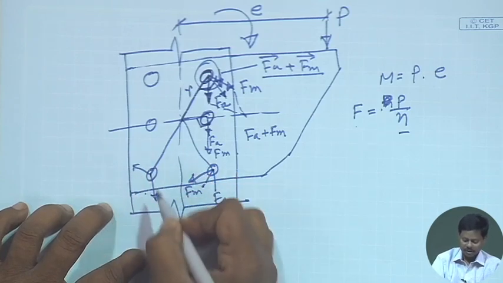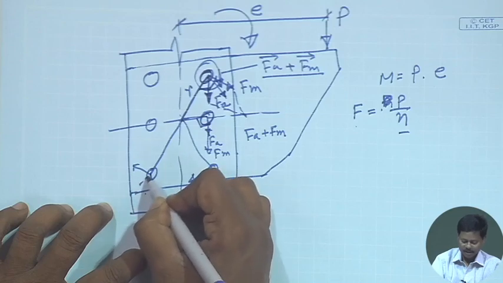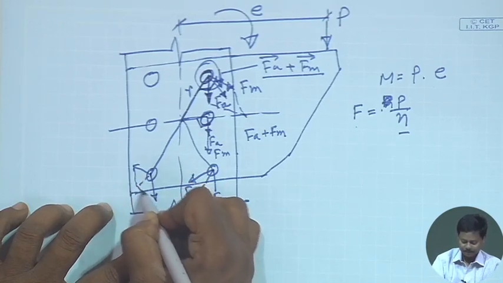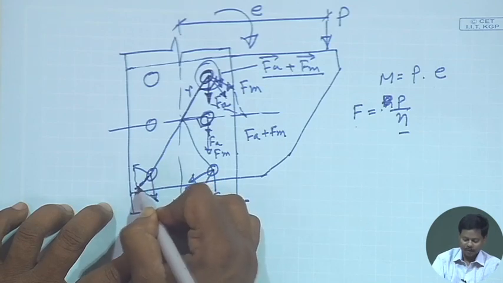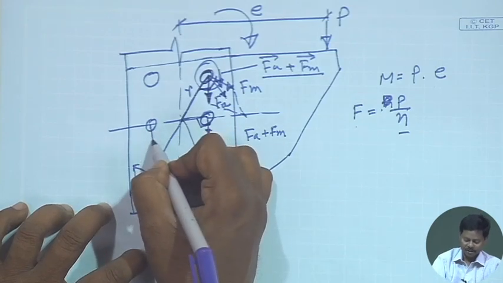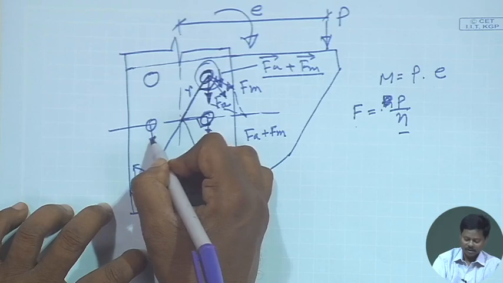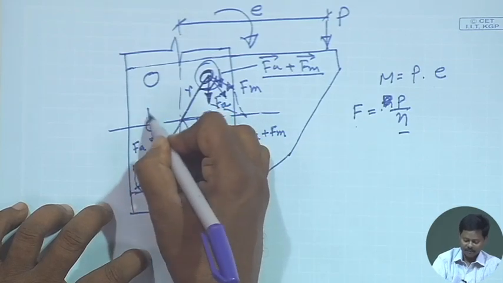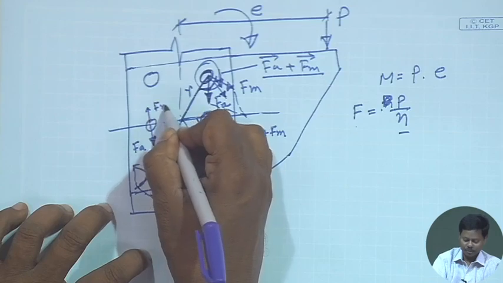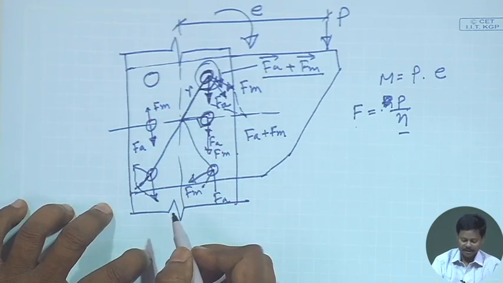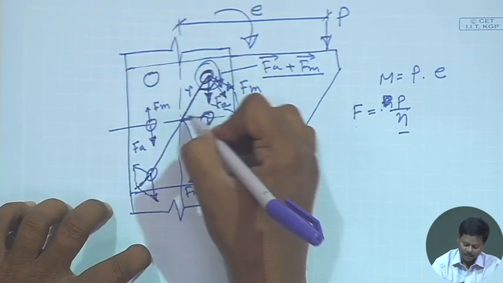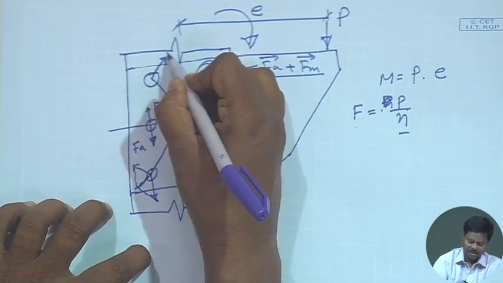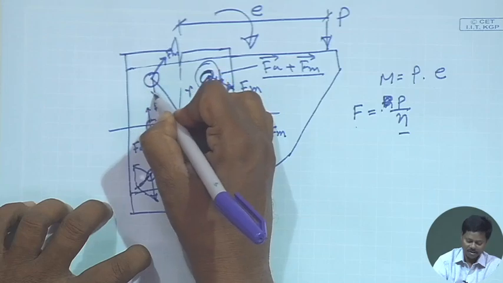Here, if we take the resultant, it will be much less. In this case F A will be this and F M will be this, so the resultant will be F A minus F M. Similarly, for this case we can find F M in this direction and F A in this direction.